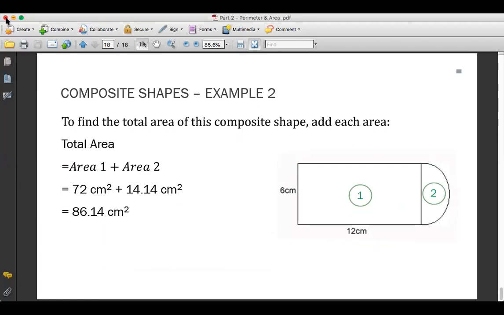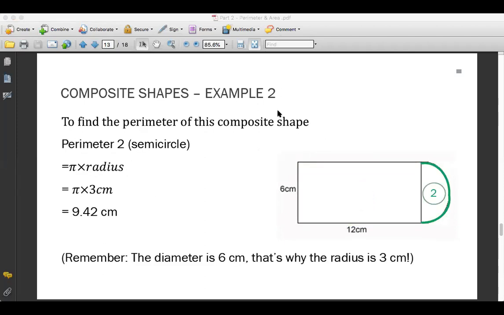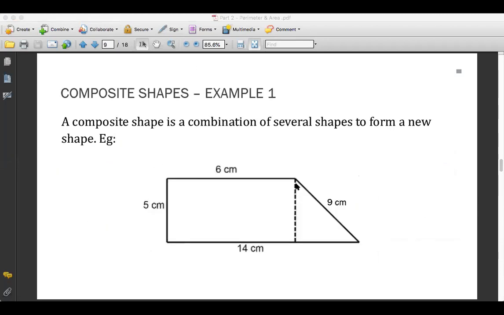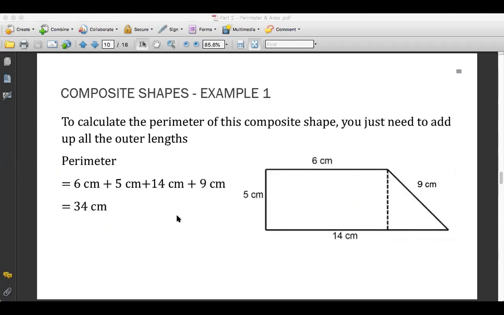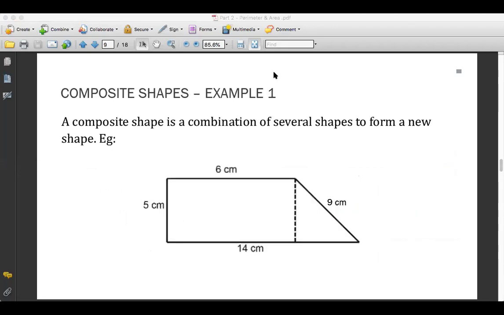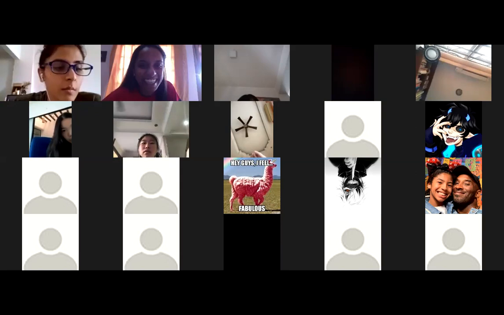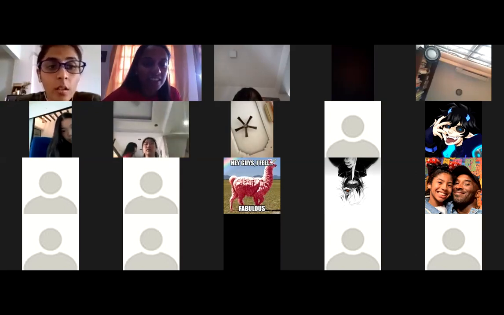Afternoon around 2 o'clock, I will come back with this. It's composite shapes, example 1 and 2. Please read it up first. Okay, try it out yourself, then you can check the working that I've already given you. Okay, later class is at 2 o'clock.